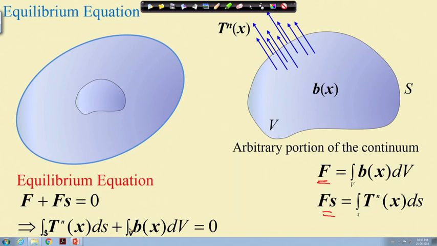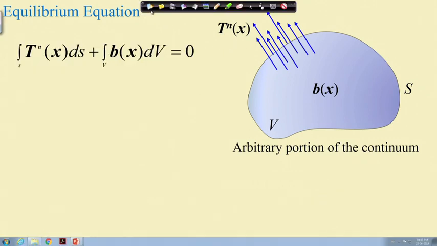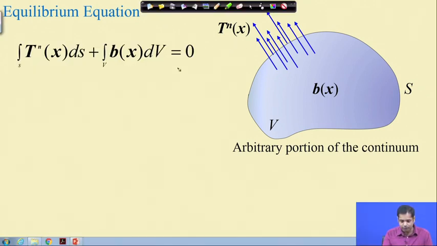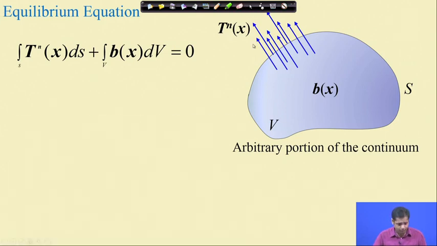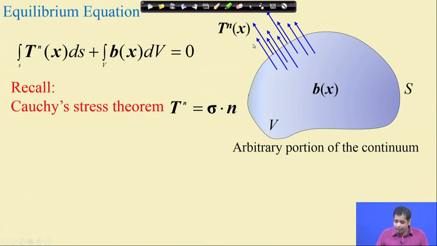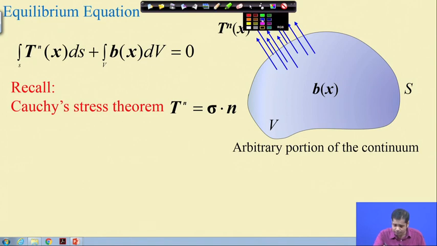Let us see next. This is the total equation we have. Now, you recall the Cauchy stress tensor. If we have an arbitrary point in any three-dimensional object, and on that point we construct a plane, then we have traction on this plane.